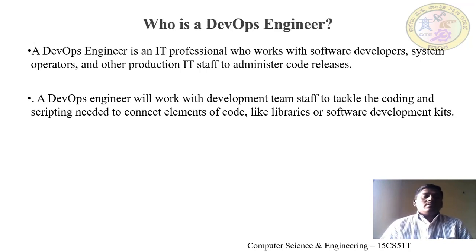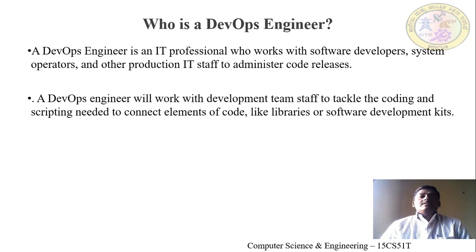A DevOps engineer will work with development team staff to tackle the coding and scripting needed to connect the elements of code, like libraries or software development kits. It mainly concentrates on the development team, who write the code and the scripting needed to connect the elements of the code.